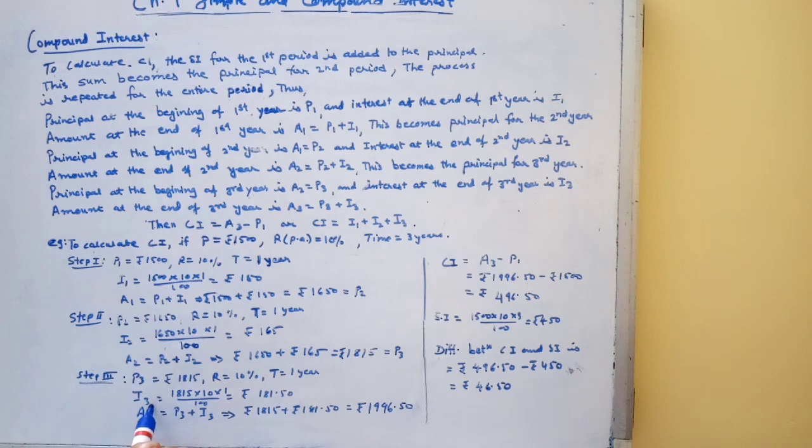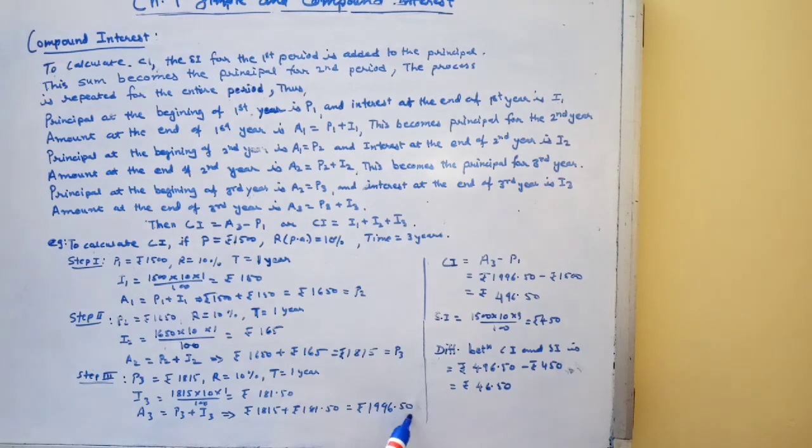We will get the interest for the third year as rupees 181 and 50 paise. Now we find the amount for the third year, that is the principal for the third year and the interest for the third year, that is rupees 1815 plus rupees 181 and 50 paise.